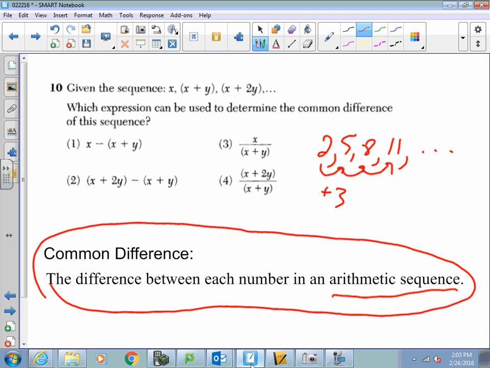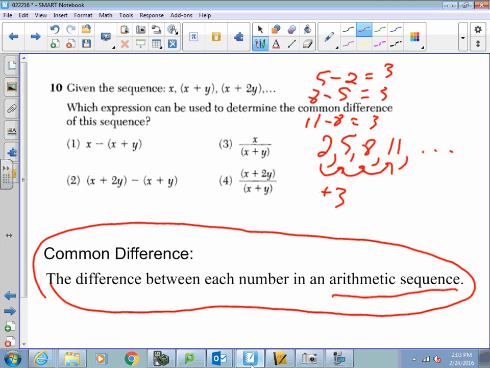But what if you have something a little more difficult? One way you can always figure it out, if you know it's an arithmetic sequence, is to do 5 minus 2, or 8 minus 5, or 11 minus 8. That's another way you could do it.